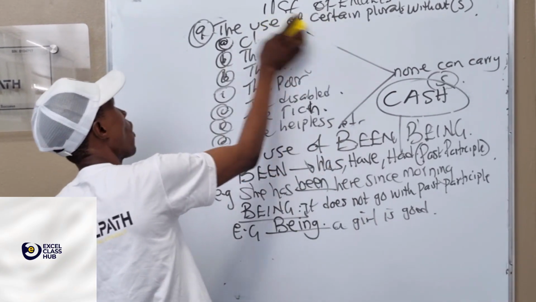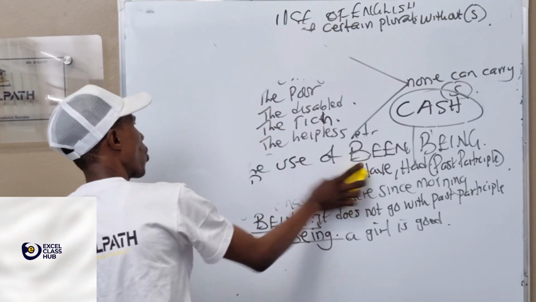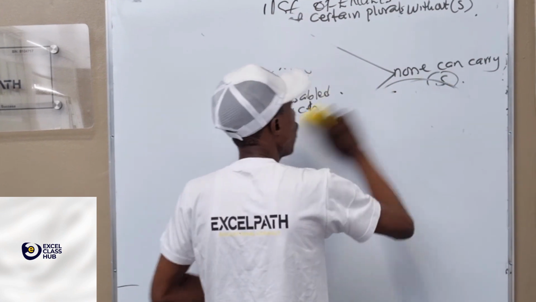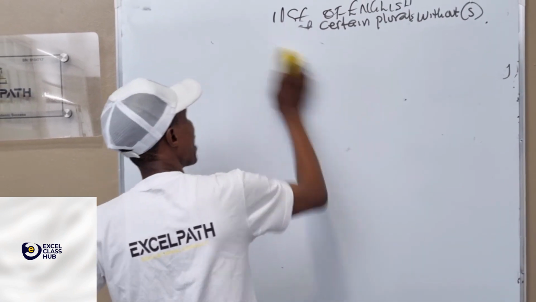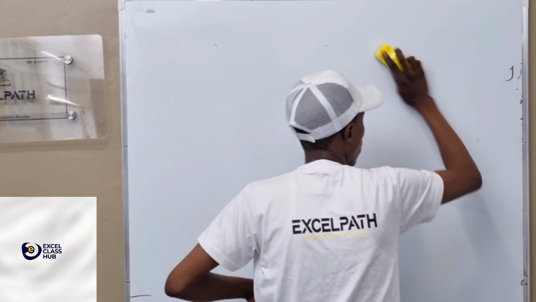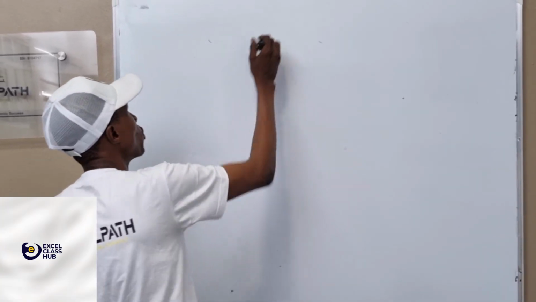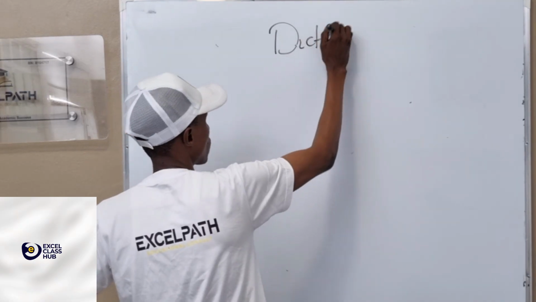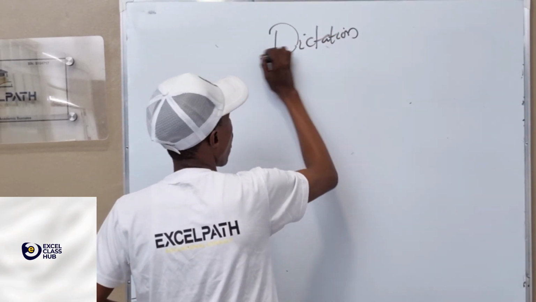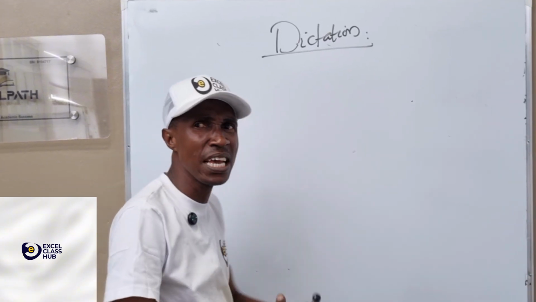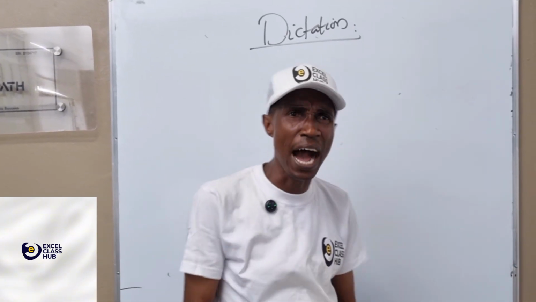So take note of one thing, that the word Concord is very broad. There are so many rules that are related to what? Concord. So before the end of this class, I want you to take note of the following spellings, which are mostly asked in JAMB.